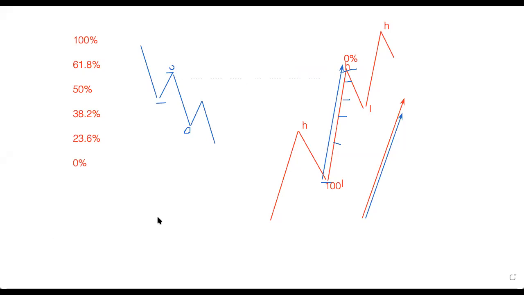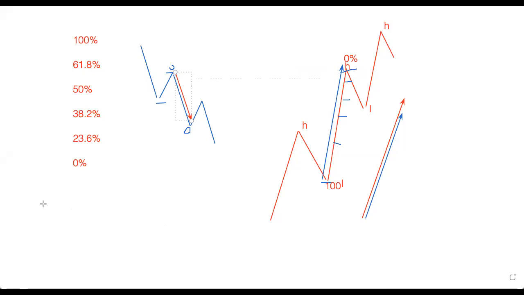Remember, we said we go in direction with the trend, and when we place our Fibonacci, our 100% will be here at the top and our 0% will be here at the bottom. And then we have our retracement levels.